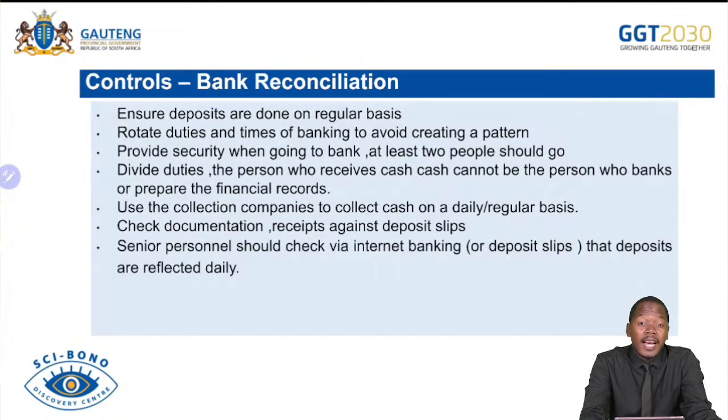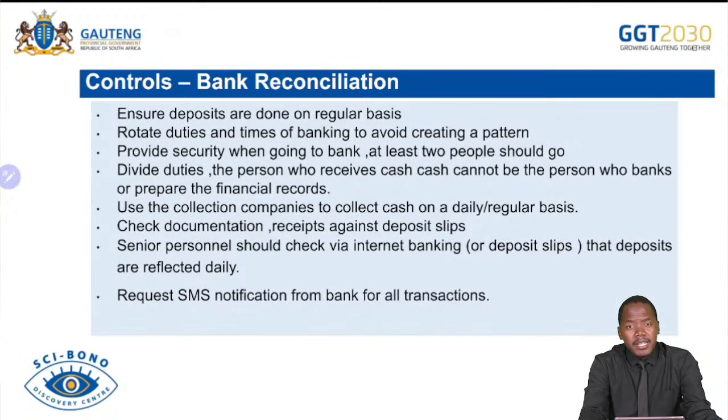It should be an owner, it should be a manager who will always verify all transactions via internet banking, and also verify those against the deposit slips. That particular manager will check whether those deposits are appearing on a daily basis.